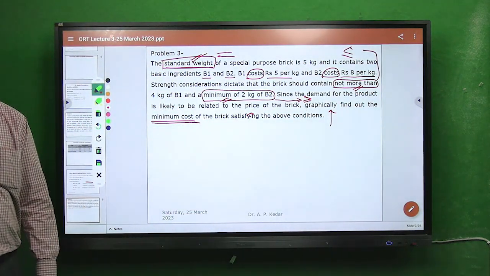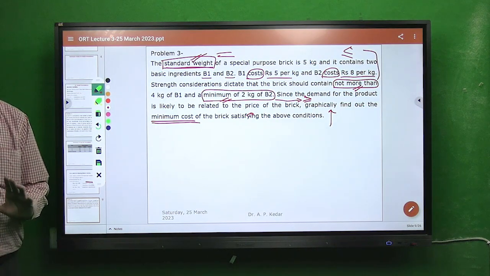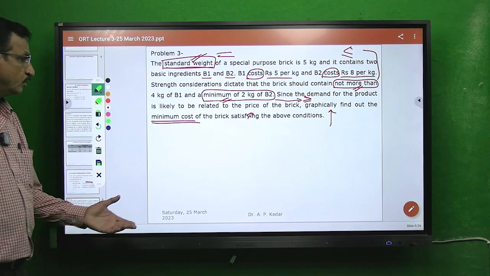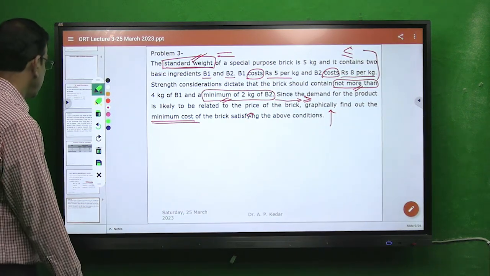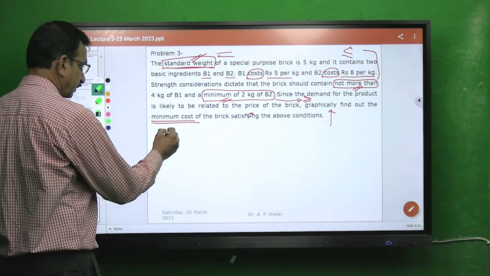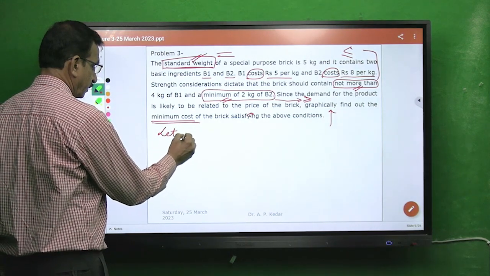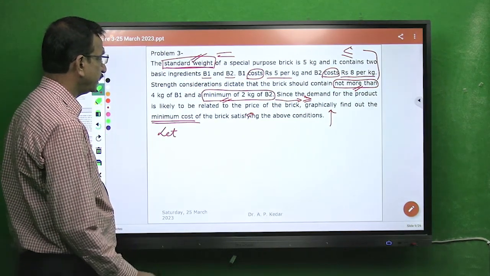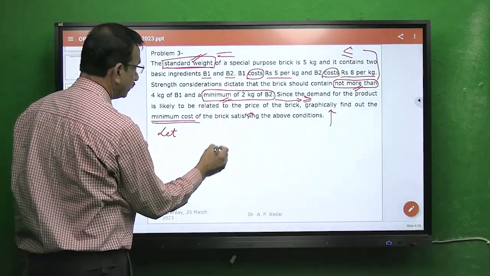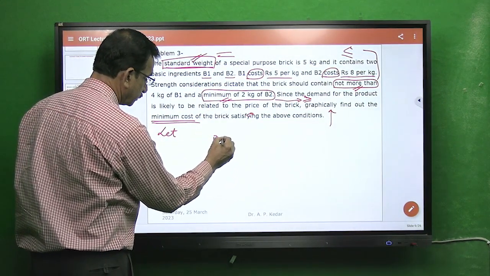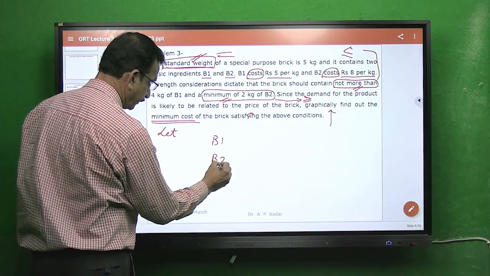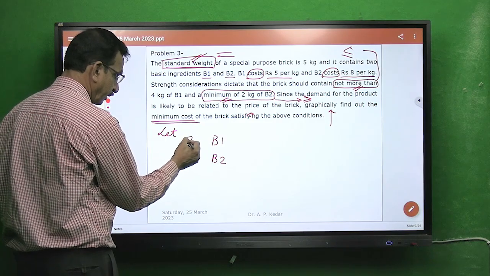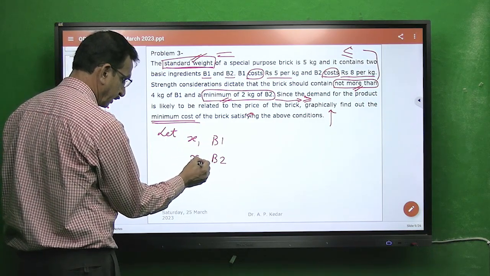So this is the problem wherein we come across all three types of signs. So now we know how to proceed. Usually we start with: let x1 be the kgs of ingredient B1, and x2 for B2. We have to decide two ingredients B1 and B2.